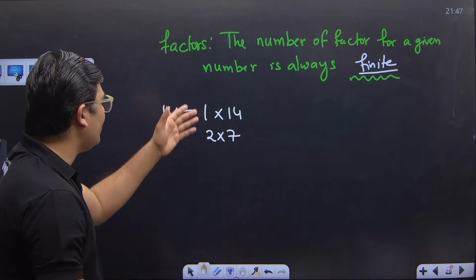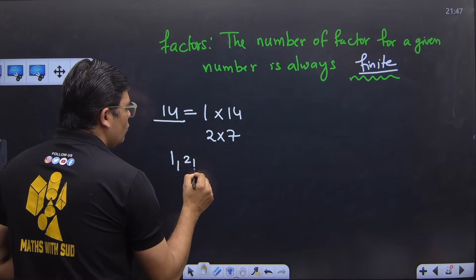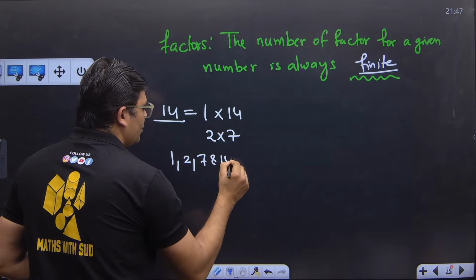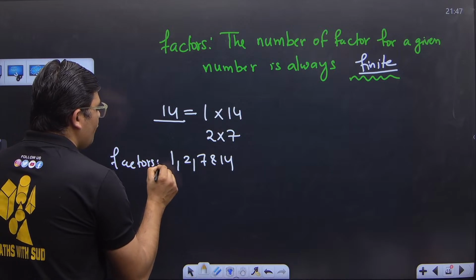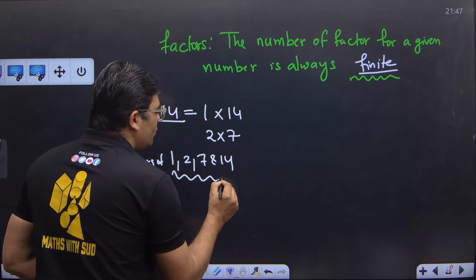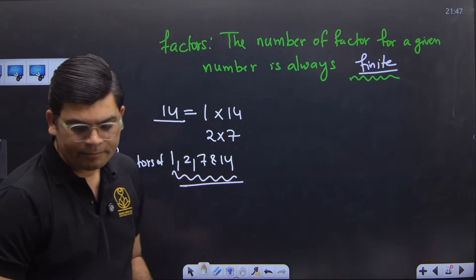So factors of 14 are 1, 2, 7 and 14. Are you getting it?